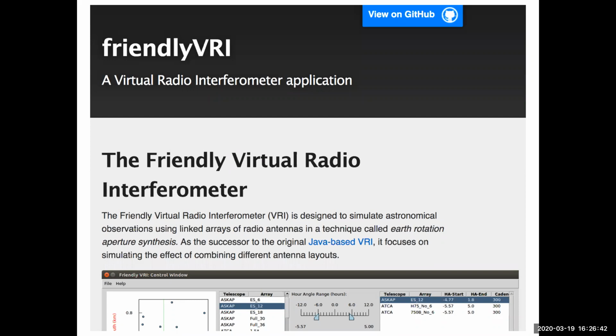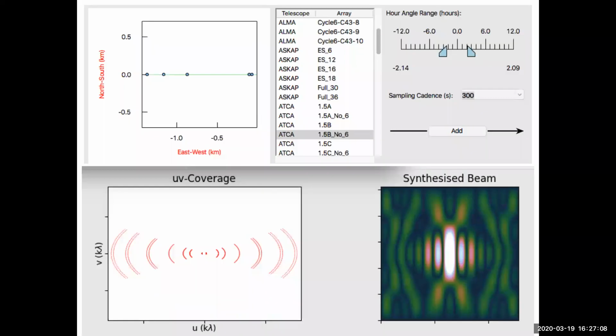Like what happens if you have a very large thing, you can actually see if you put in long baselines how it can get resolved out, things like that. So it's a great tool. Definitely try it out. Yeah, I found it on GitHub and I posted it on the Slack channel. Ah, thanks. I think I linked it on the website. If I didn't, then I'll fix that. So yeah, absolutely great.